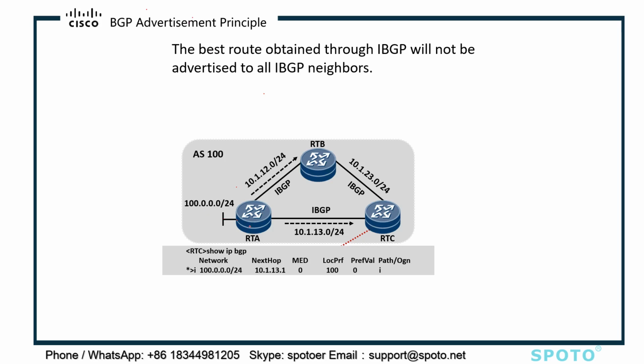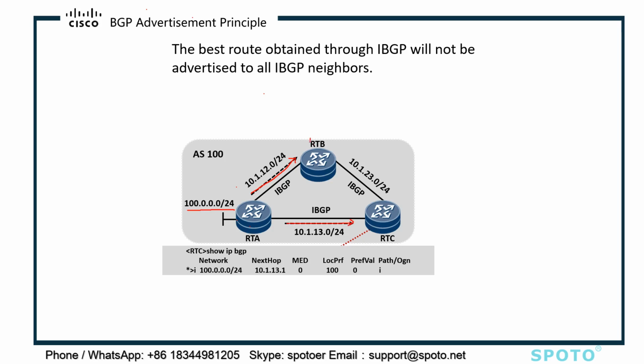We can see here, A, B, C are in the same AS100, and RTA has a network segment. So we need to establish IBGP neighbors between A, B, C, and RTA will advertise this route to RTB, and also RTA will advertise this route to RTC.